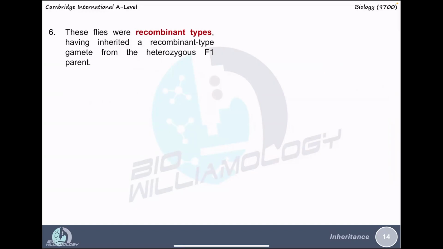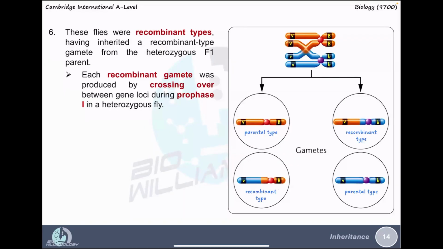Now, what does recombinant type mean? If you look at these diagrams, in terms of the formation of the gametes, the majority of the gametes are parental types, where dominant allele B is with dominant allele V, or recessive b with recessive v. Those occur in higher numbers.